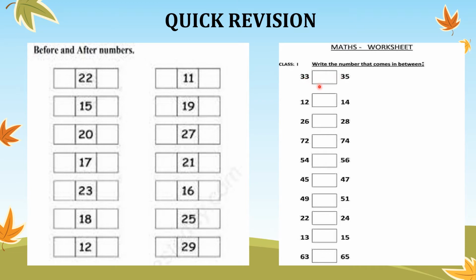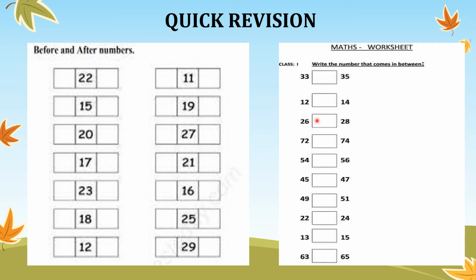33 and 35. So what will come in between? 34, which is one less than 35 and which is one more than 33. Next is 12 and 14. Our answer will be 13 because 13 is one more than 12 and one less than 14. 14 से एक नंबर कम है और 12 से एक नंबर ज़्यादा है.